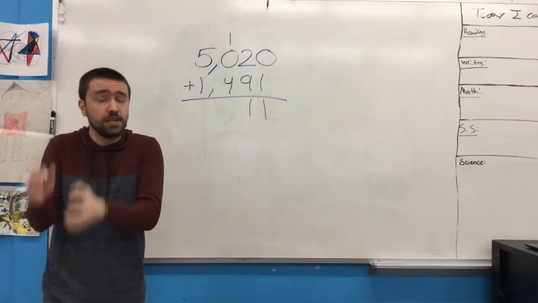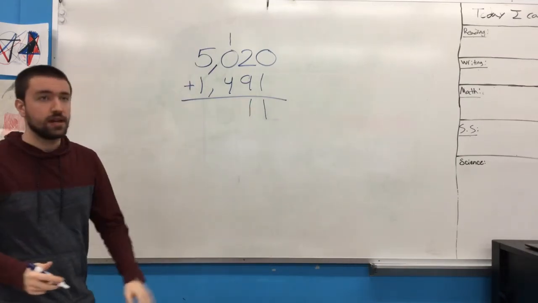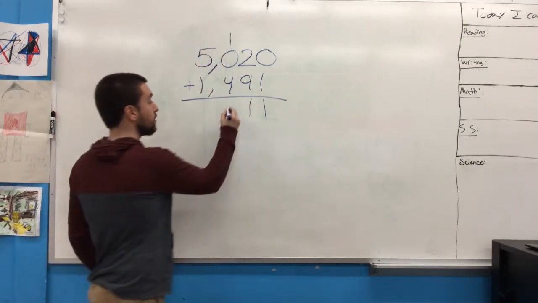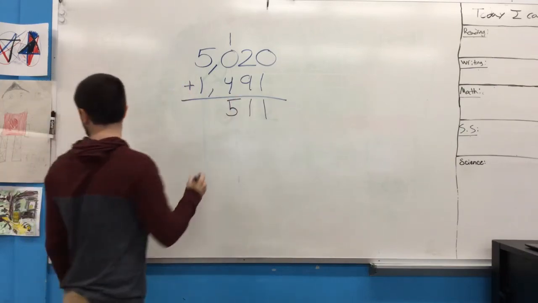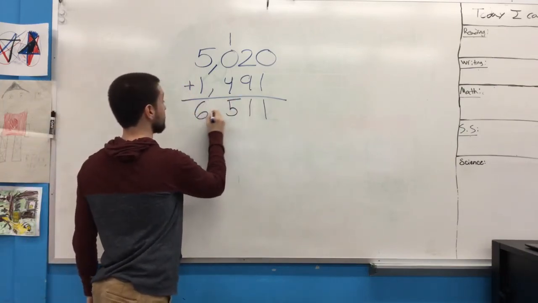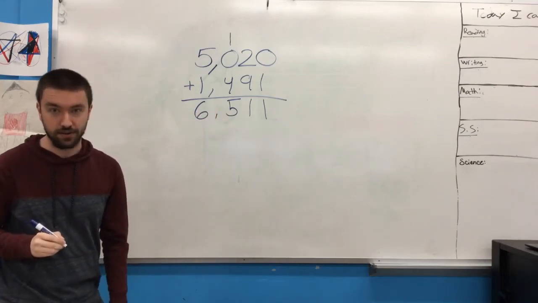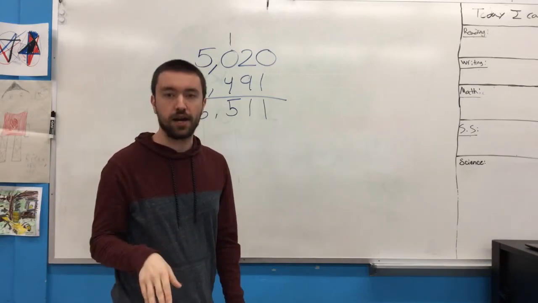And 10 tens equals 100. So I had to move them over. Now I need to add this 1 into the 4 that is already here, which is 5. And then 5 plus 1 is 6. So our answer is 6,511.